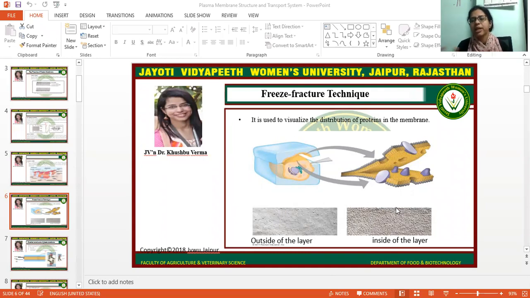What is the reason behind these beads present inside the layer? Basically, the abundance of the integral proteins or peripheral proteins at the inside layer creates these bead-like structures. So this is the basic difference.